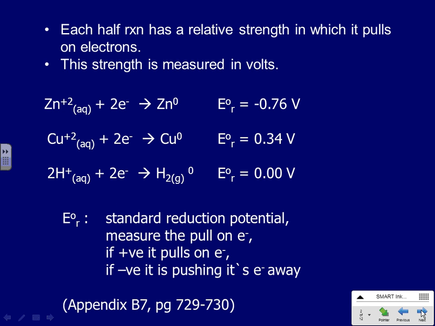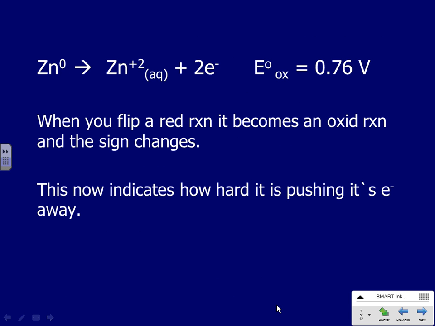There's a simple fix. If we have a negative potential, we flip the equation around and now put the metal on the left, in terms of zinc, and put our zinc ion and electrons on the right. I've now changed my reduction potential to an oxidation potential: how good it would be at getting rid of its electrons.